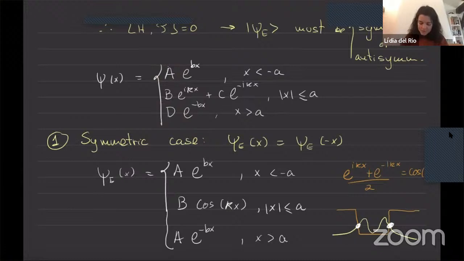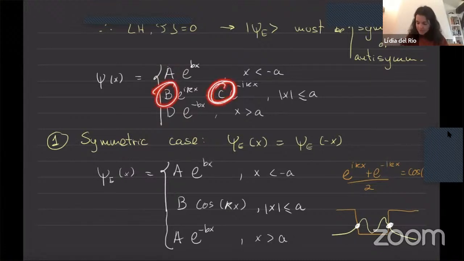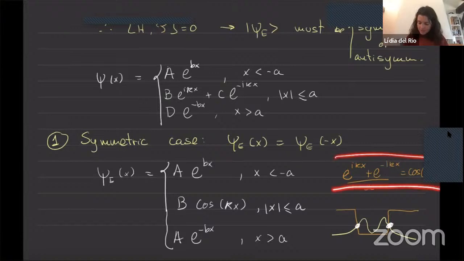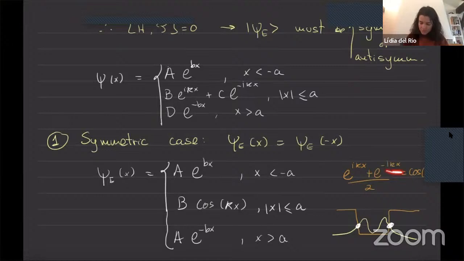And inside the box, this coefficient must be the same as this. But if they are the same, then we can write the whole thing as a cosine, because remember, cosine is just e to the ikx plus e to the minus ikx, which is what we have here. If these coefficients are the same, they can come outside and be absorbed by this new constant. This new constant that we put here, we don't know what it is yet.